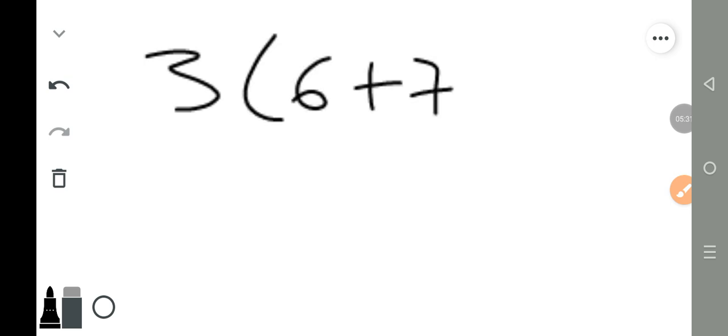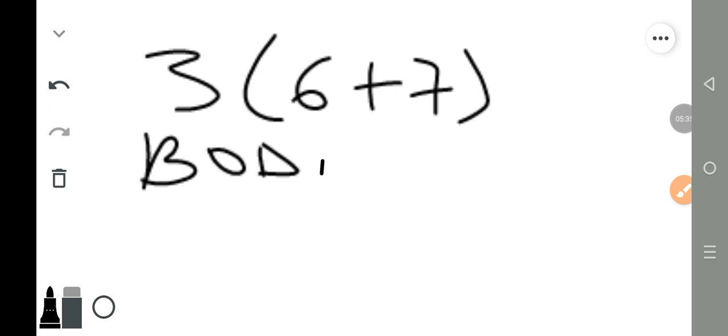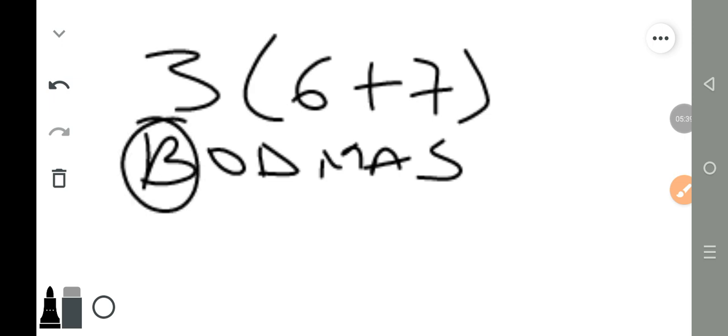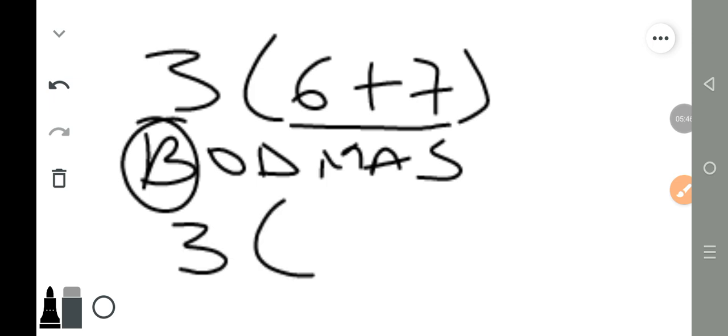Again, let's do one more. We have over here 3 bracket 6 plus 7. According to BODMAS, you have to take care of the bracket first before any other thing in the equation. So we have to solve what is inside the bracket. 6 plus 7 is what?